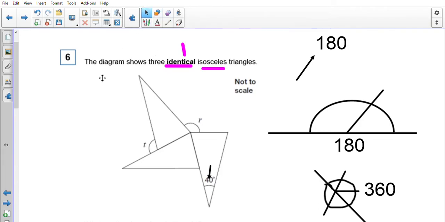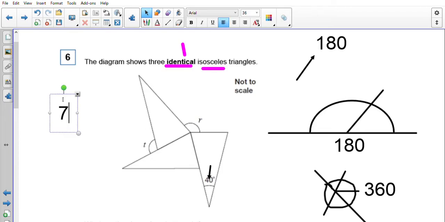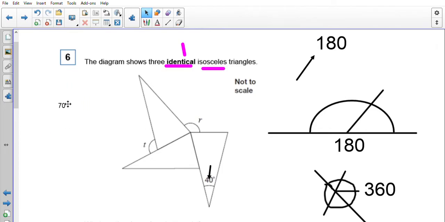Let's pop in these facts here, make that a little bit smaller, and then I can drag these out here: 70 and 70, and 70 and 70 and 70.